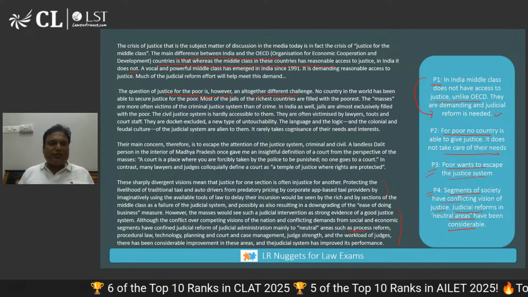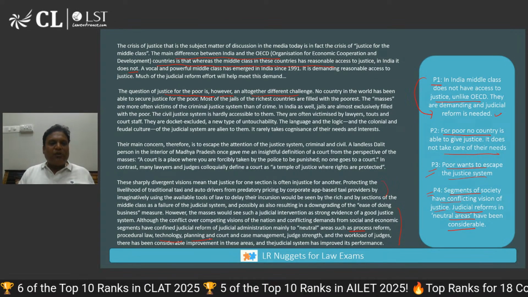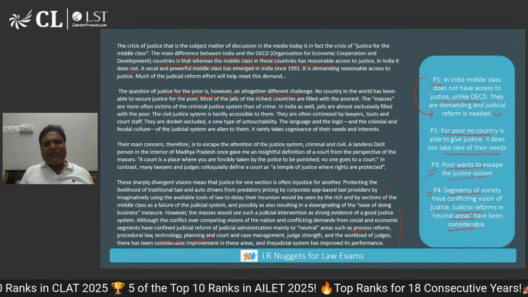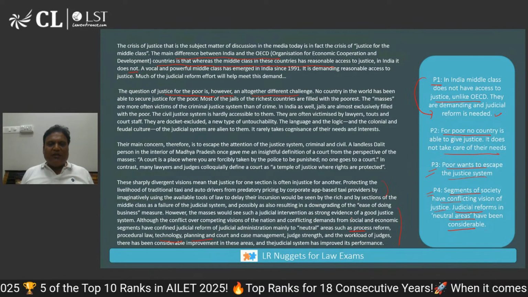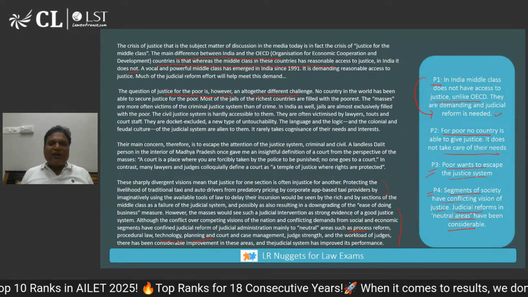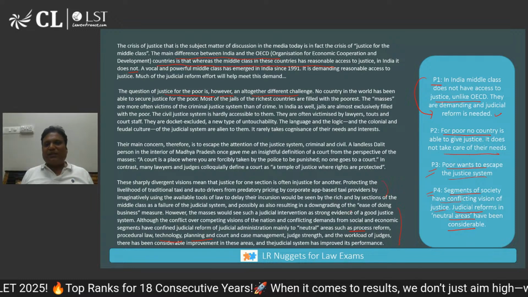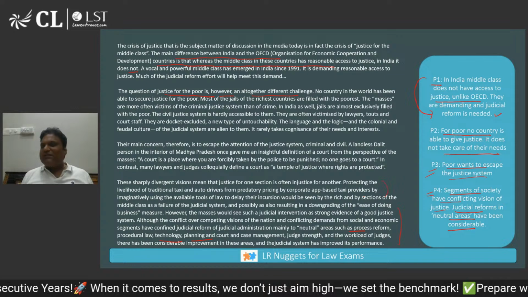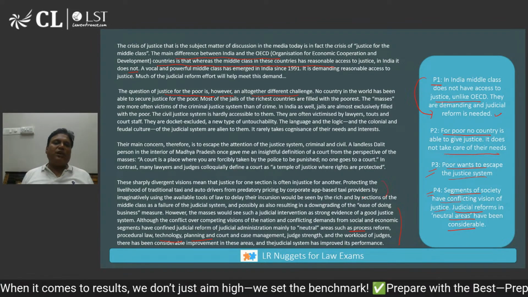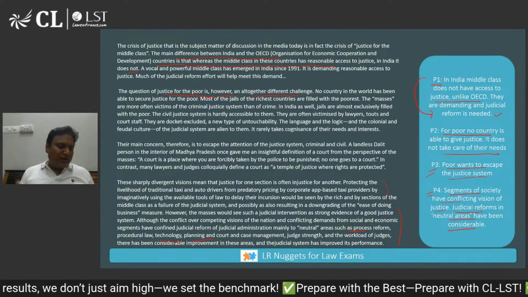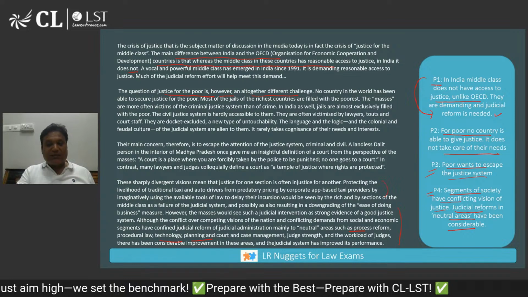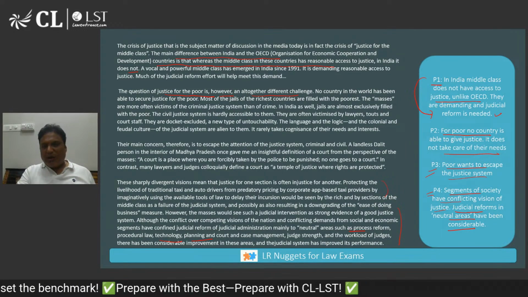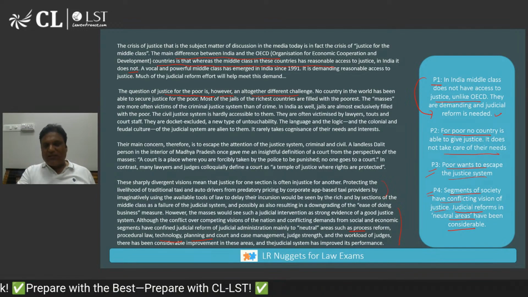Areas such as process reform, procedural reform, technology. In these areas we have made fair progress. But as far as accessibility of justice for the poor is concerned, we have not made any progress, and this is similar to the other countries of the world. This is the basic summary of the passage.